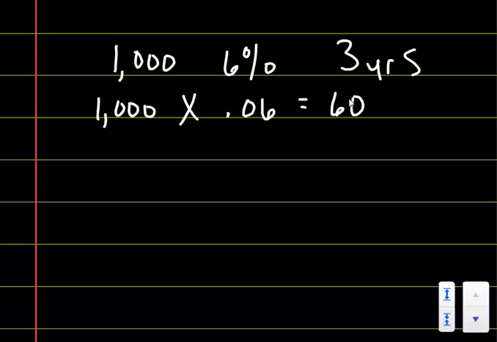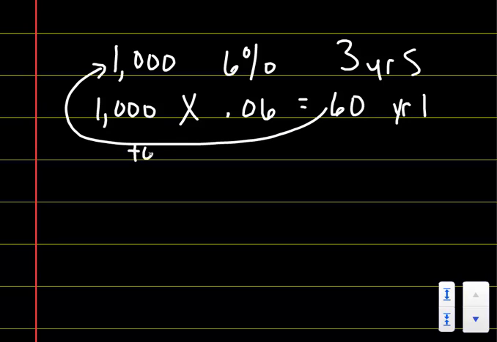So this is what we ended up with interest in the first year, year 1. Now, we're almost done, but not quite, because remember, we have to add that 60 to our original 1,000. So at the end of year 1, we are going to end year 1 with $1,060.